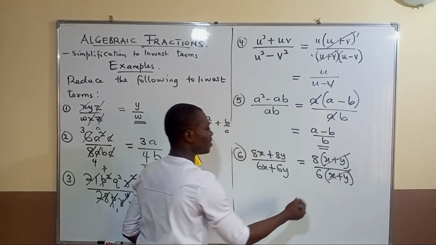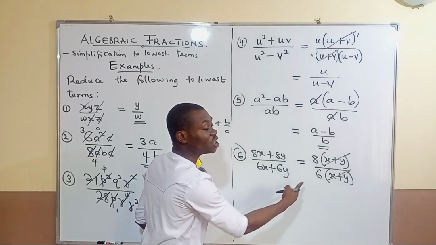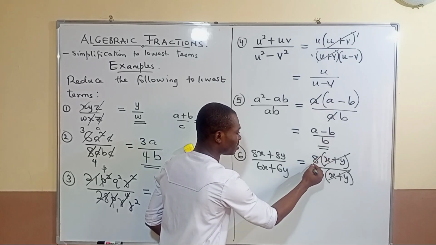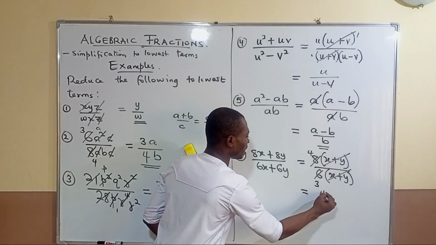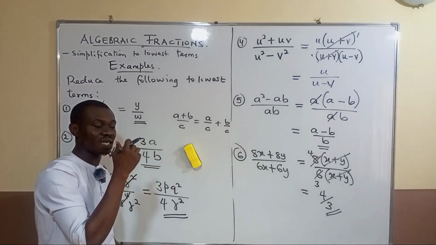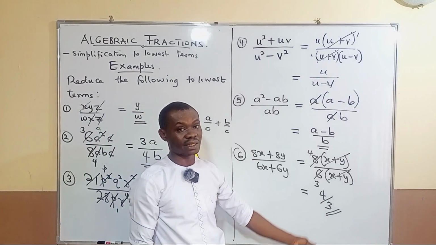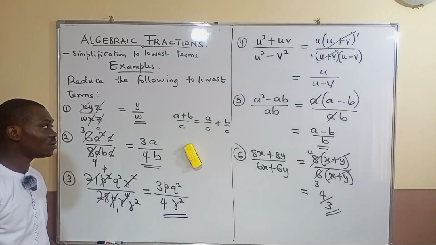X plus y will take away x plus y, and you have 8 over 6, which is not yet in its lowest form. And so 2 can still go into this. 2 here is 4, 2 here is 3. And so my final answer is 4 all over 3. So you must keep dividing by common factors until nothing else can divide. That will give you the lowest term that you're looking for.